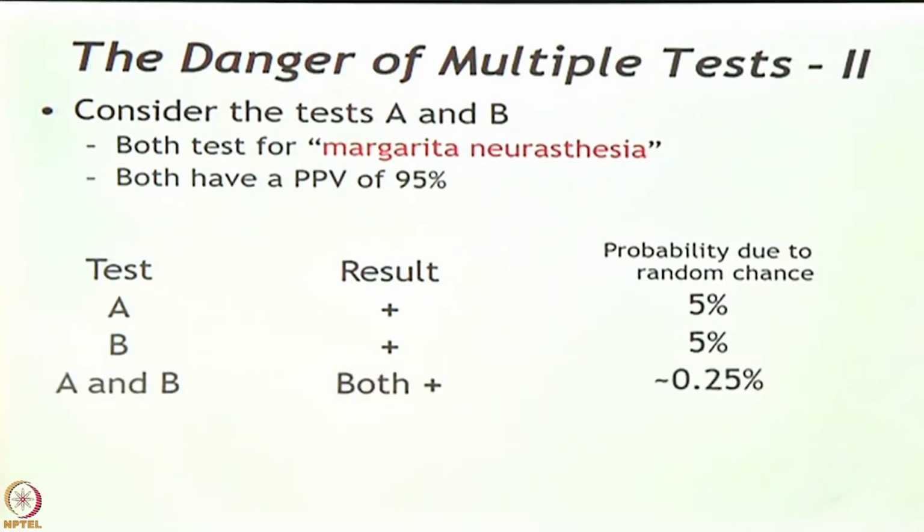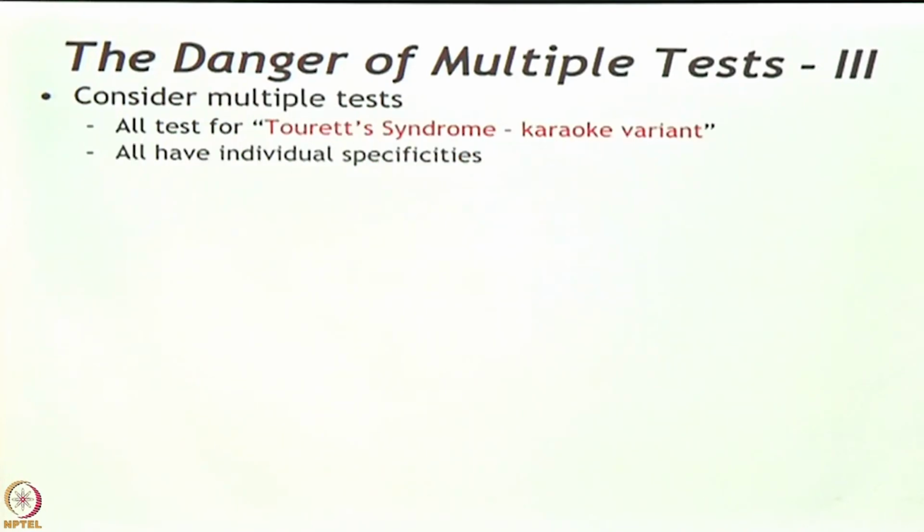If you do both A and B and require them both to be positive, now your test is more stringent because the chance of a false positive is much lower. But if you accept either one, now the chance is much higher because you have to add the two effects together. Okay.